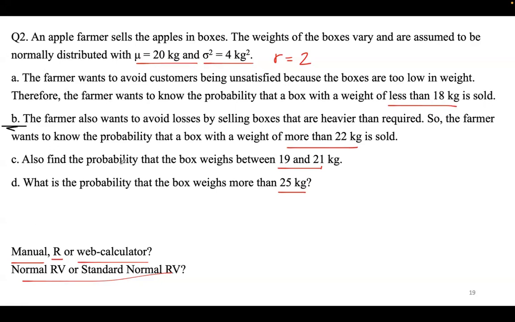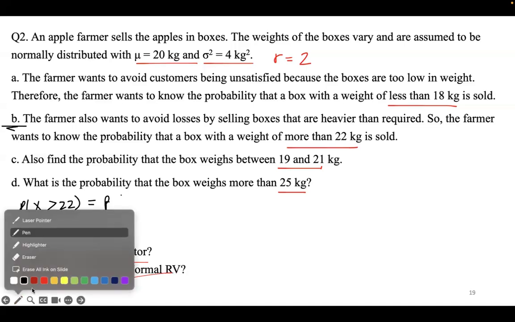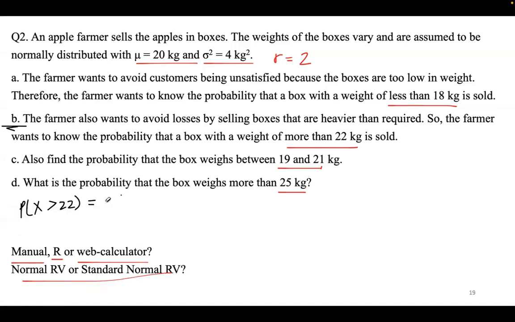So the question is the probability X greater than 22. Now what we can do is write it as, generally it's always a less than or equal to kind of case. So we'll write probability X less than.